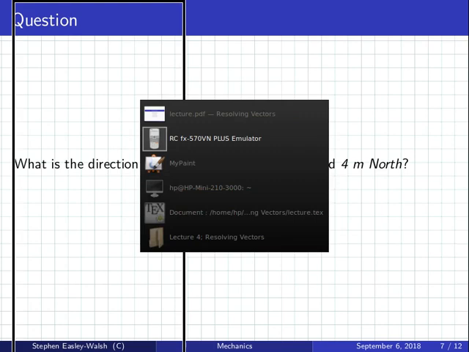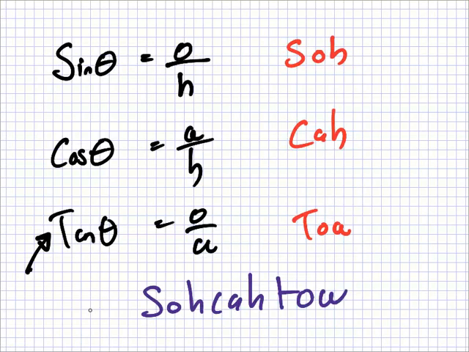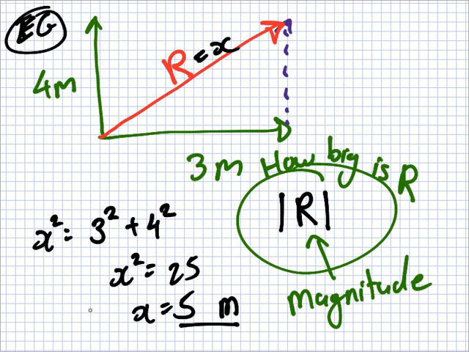So I want to go back to this one here I did. I want to know what is the direction, so we'll need to work out this angle. Using your calculator, give me the answer. Don't forget, it's a direction, so you need to use north, south, east and west. 53.1.